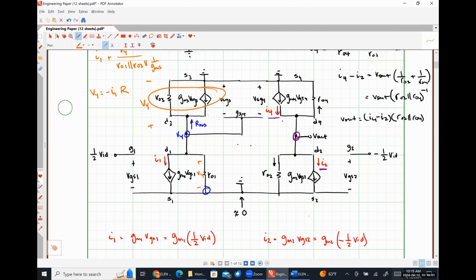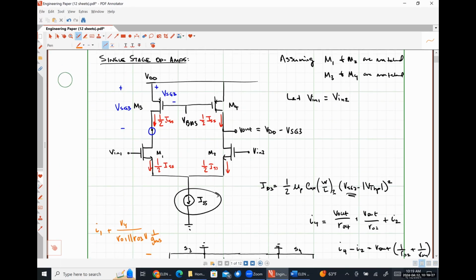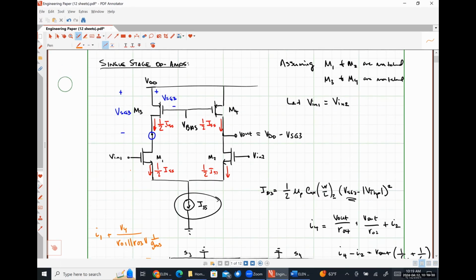Yep. So if we replace these with BJTs, like this V bias right here, that's still the diode connection.